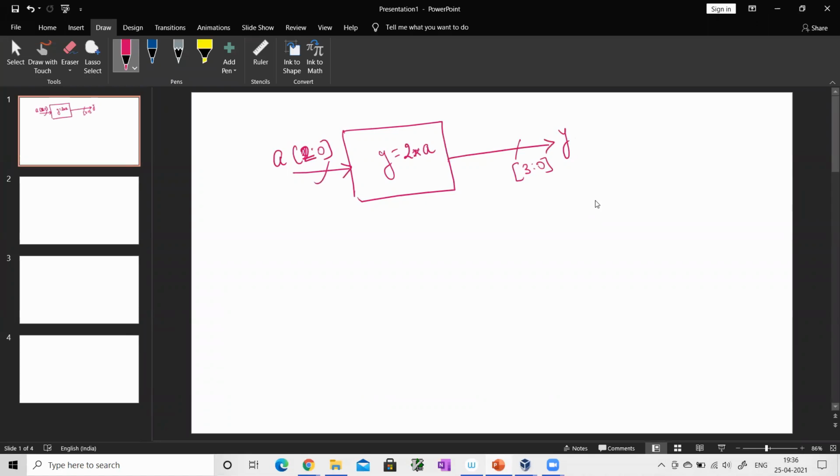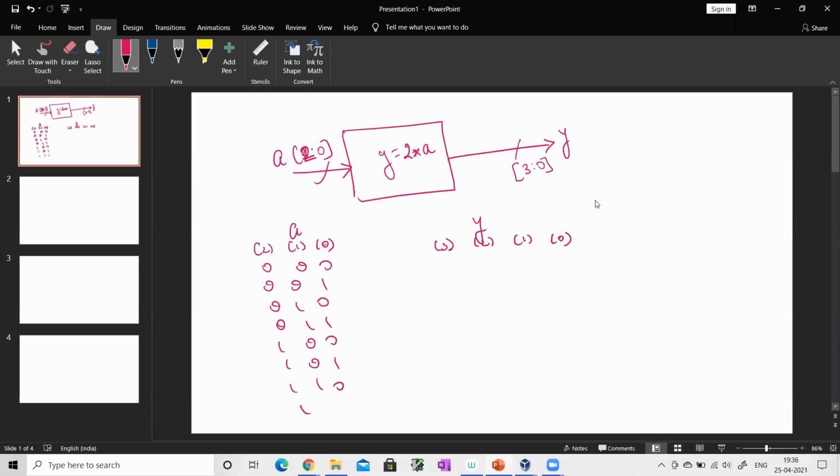What are the possible inputs? Let me write the truth table here. These are the bits: 000, 001, 010, 011, 100, 101, 110, 111.